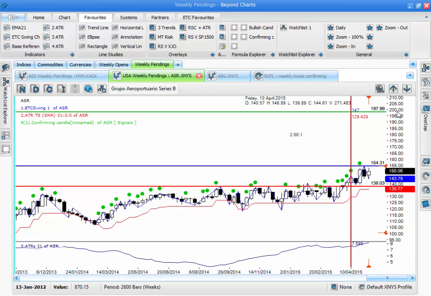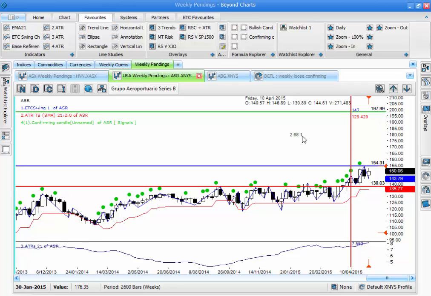ASR was another trading opportunity here in the US. Again, price action filter. I'm expecting this last candle to be the candle that forms the trough, the close of that candle at or above second from last peak. We've only got to get through the 154.31 level, which is our entry, a stop down at 138.03, and on that basis that opens the door up to a fairly large move up to around the $200 level.